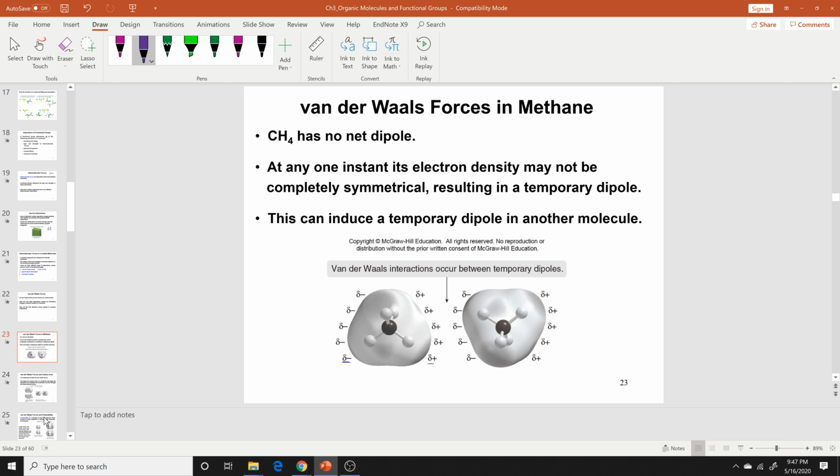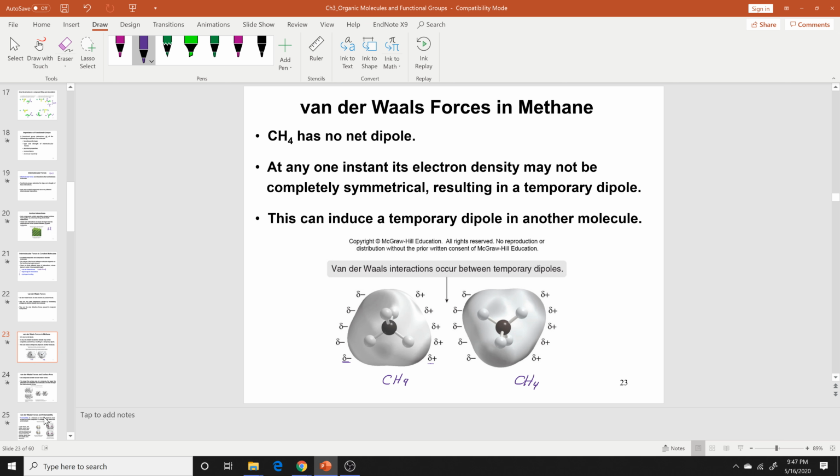Here I have an example of two CH4 molecules that are present next to each other. Now CH4 is nonpolar. This is an sp3 hybridized carbon. So if I have two nonpolar molecules here in this example present next to each other, I know both of them are nonpolar, however there is an electronic cloud around each one of them.